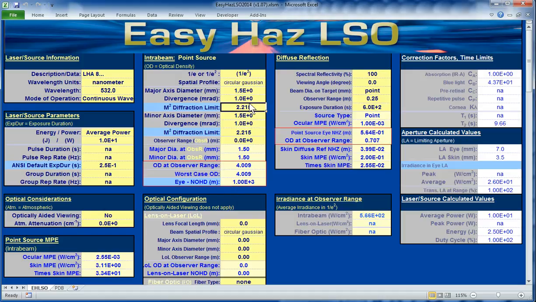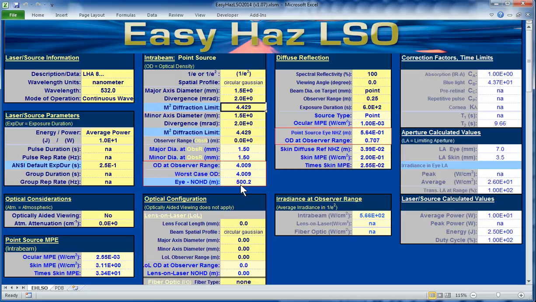Why? The divergence is bigger, so this beam is growing faster, which means the irradiance is going down. So the NOHD will get shorter. What happens if we double the divergence again? Let's go to 2. Of course, it gets cut in half to 500 meters.